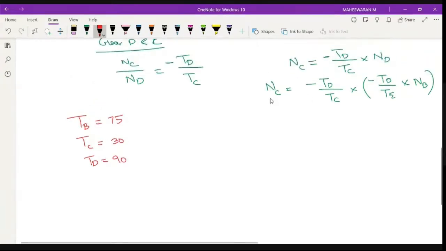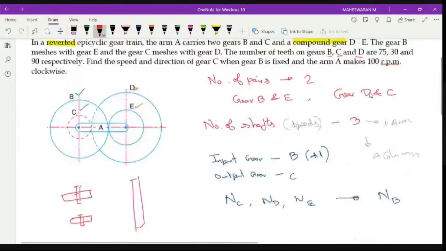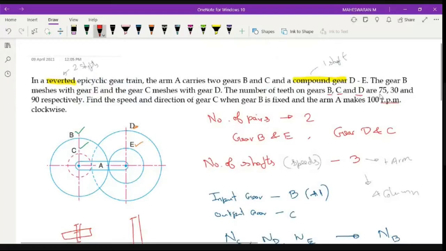If I look at these equations, for NC we have TD, TC, and TB known, but TE is not there. So I have to identify what TE is. There is no data related to TE.